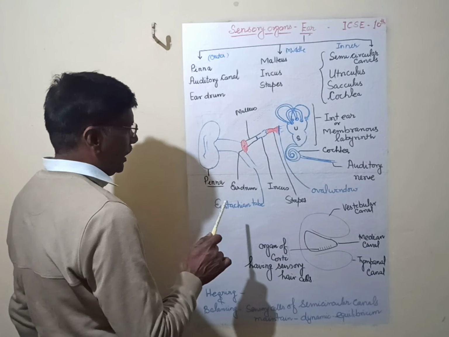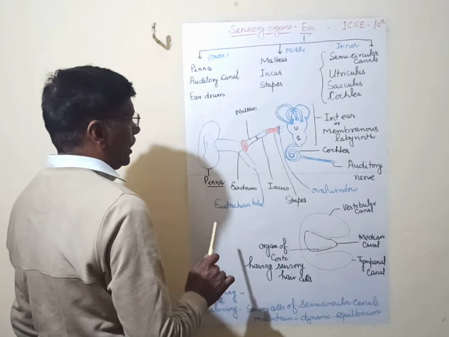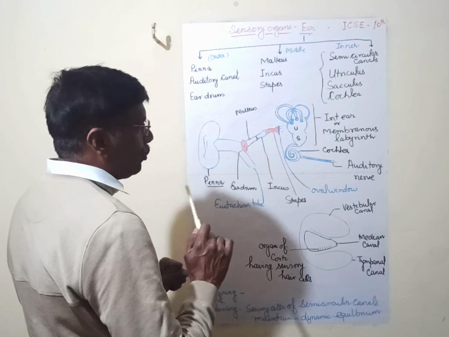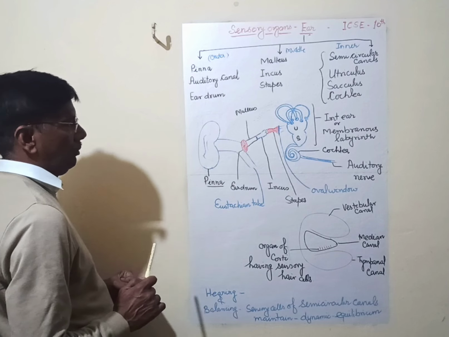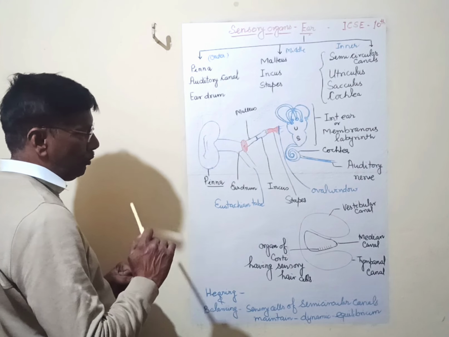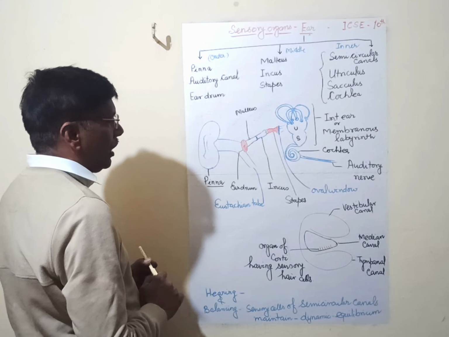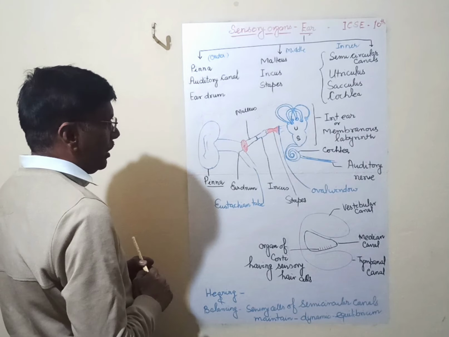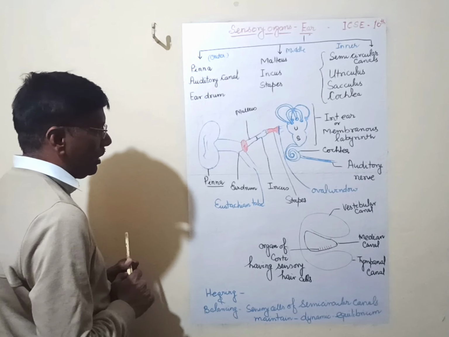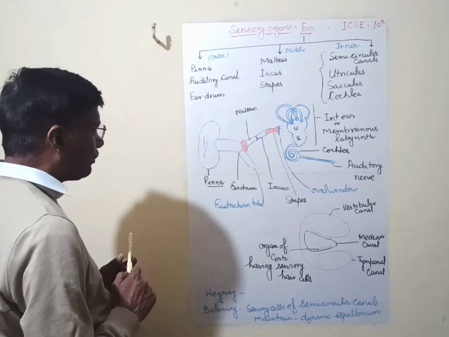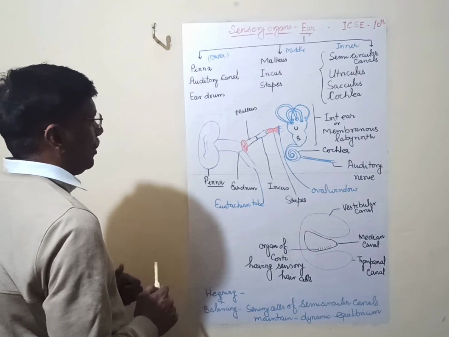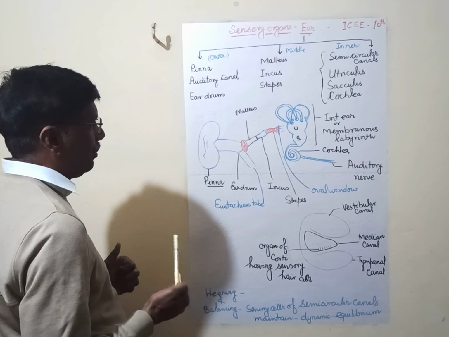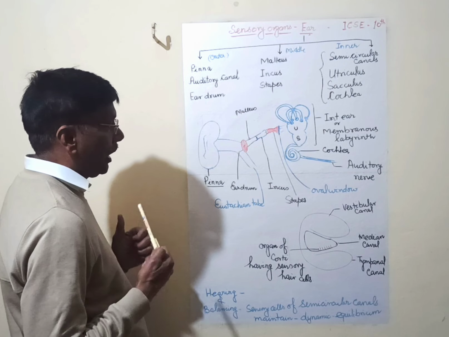And one more important thing: the Eustachian tube. We know that man can listen to sound of 20 to 20,000 hertz. Sometimes we are sitting in a normal mood and all of a sudden a huge sound is created, maybe some fire sound or some bombardment. A big sound is there and we are not aware.